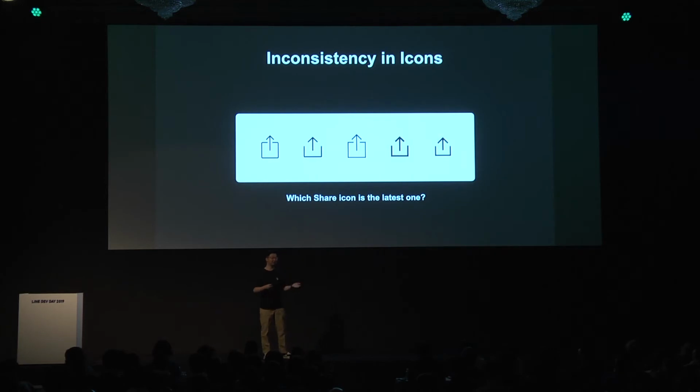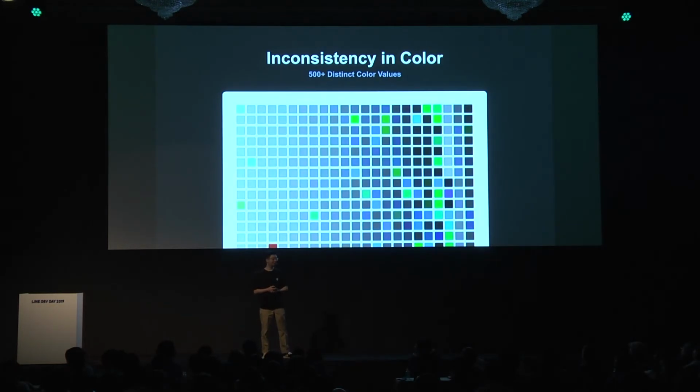Another problem is like this. Inconsistency in icons. We are not quite sure what is the latest icon for share. We actually found 50 or more share icons in one app. We also found 500 or more distinct color values in one app, which is Line Messenger.